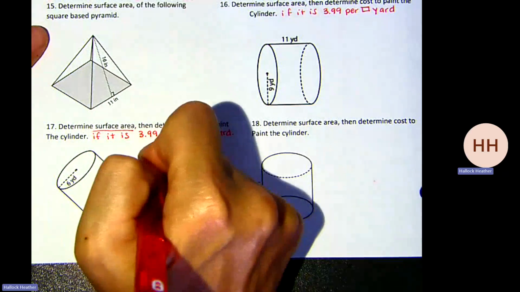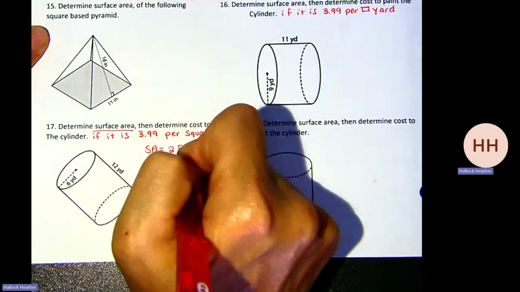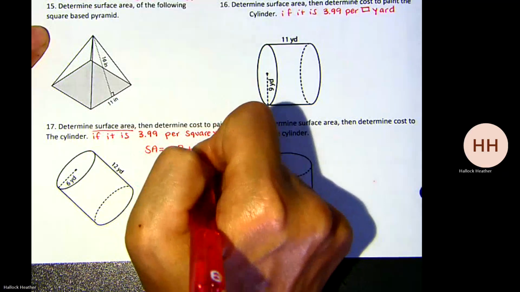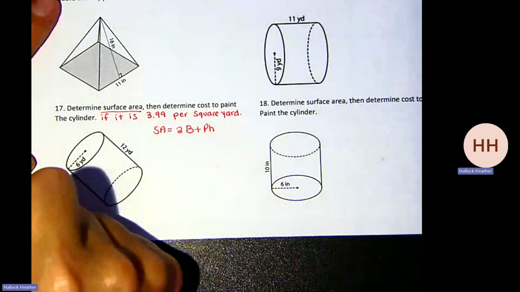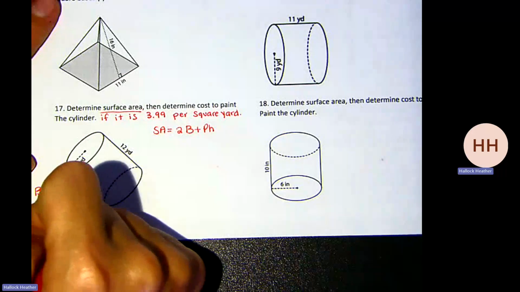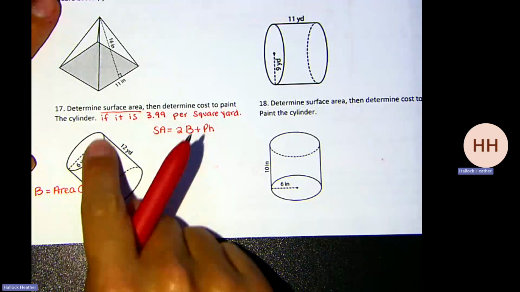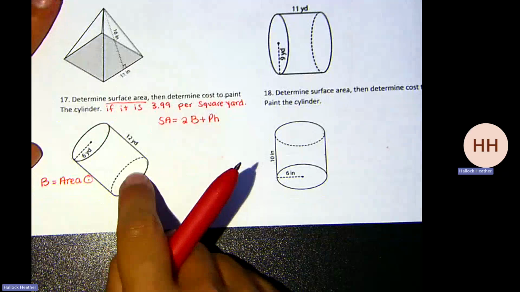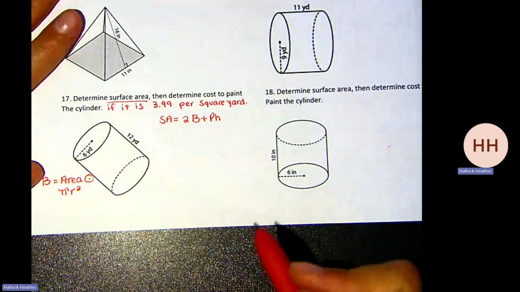Surface area equals 2 big B plus P H. Let's talk about the base first. For big B, this is the area of a circle because the base of it is a circle. So to find that is pi r squared.